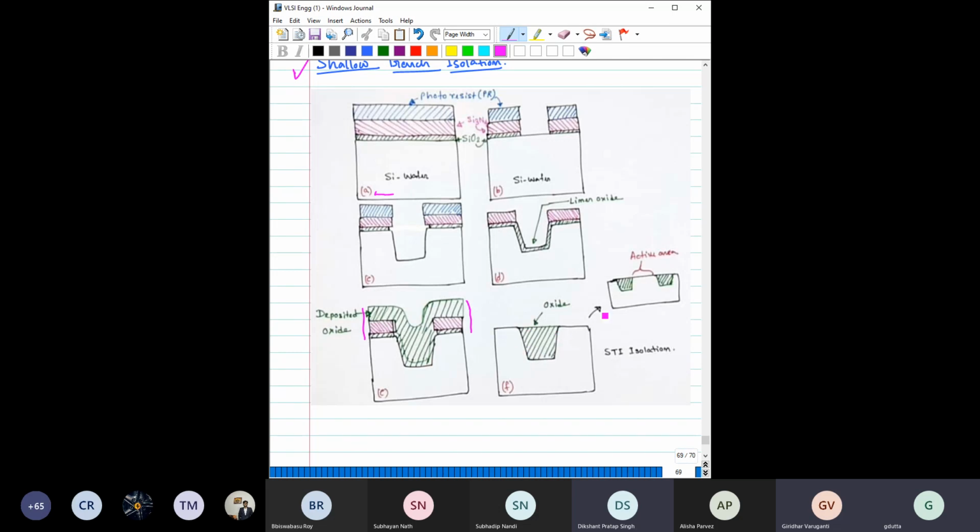Now, are you able to correlate this? So this is one of the isolations, right? This is another isolation. So here, this is the active area where you make your device. So this is another way by which you can isolate one device from the other device. And if you compare with the LOCOS process, you can see in this STI the surface becomes planar.